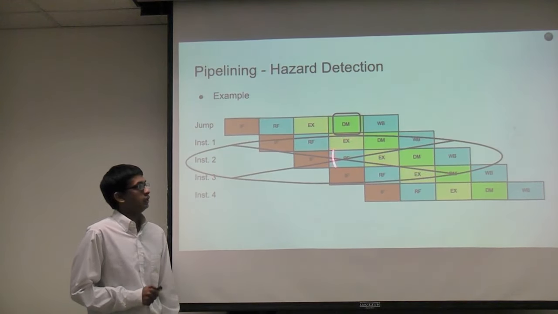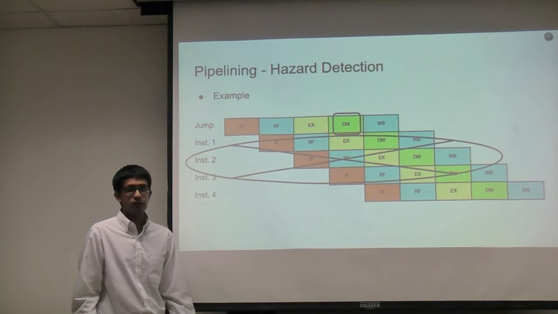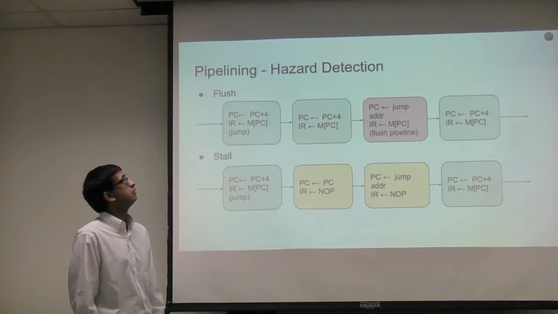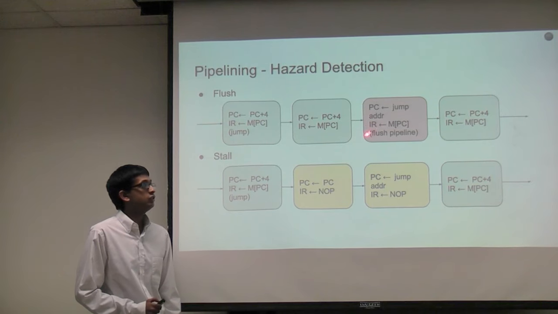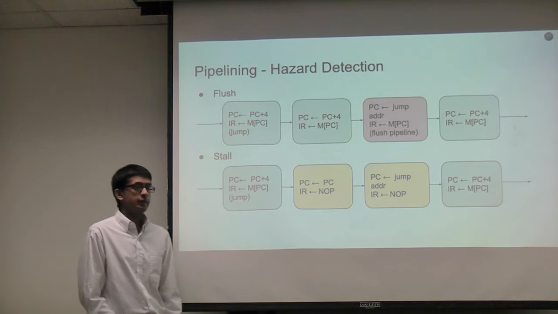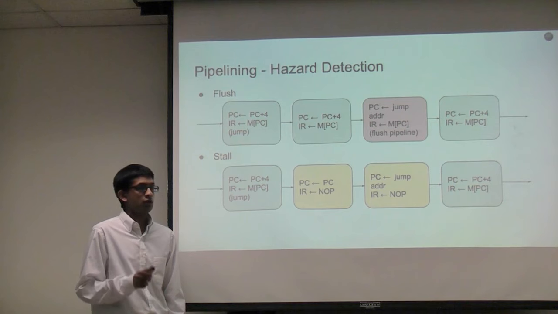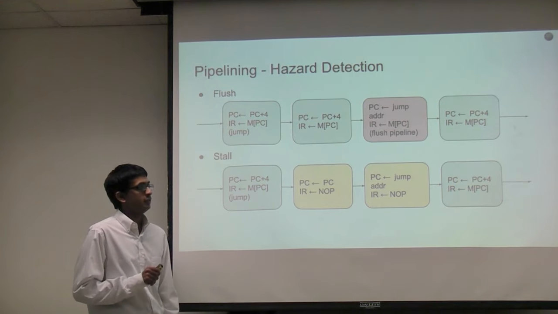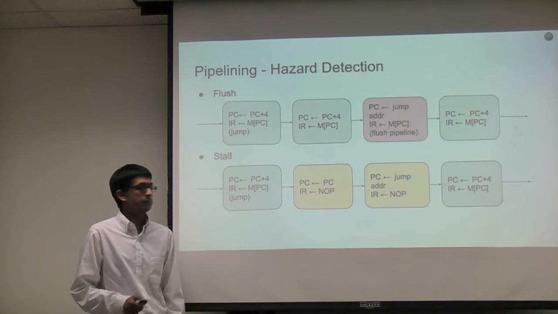In order to deal with these invalid instructions, we have to change them into no-ops. There are 2 ways to go about it. One way is a flush, another way is a stall. How flush works is that once the PC actually changes, you flush the pipeline, meaning everything between your current instruction and the jump, all the control signals for those specific instructions are changed to no-ops.